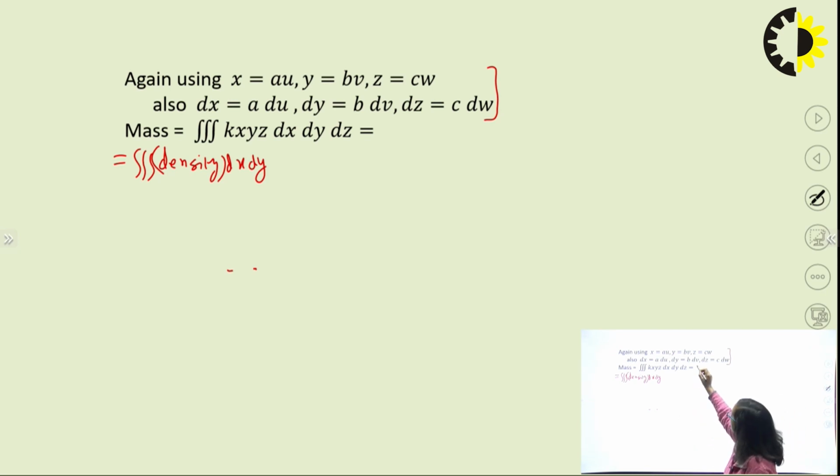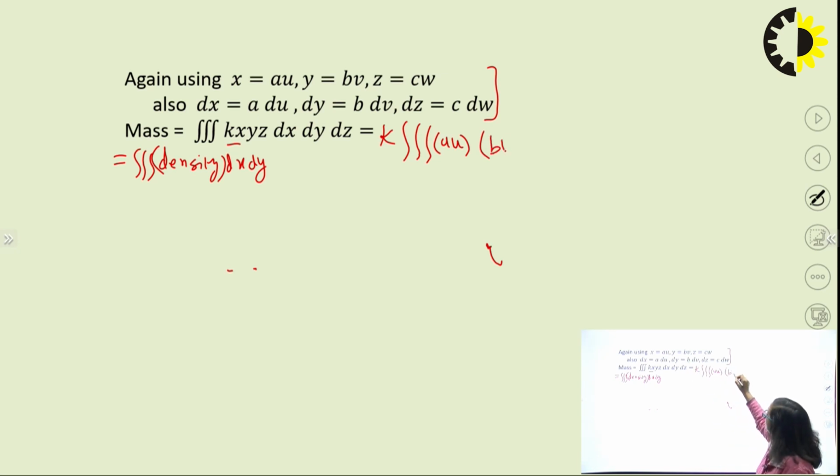To put the values of x, y, z, dx, dy, dz in terms of u, v and w, so start solving. Look, k here is constant. We can take this k outside the triple integral. Look at x, y, z. X is replaced with a into u. Y is replaced with b into v. Z is replaced with c into w. Into dx, dy, dz. Dx is nothing but a into du. Dy is b into dv.